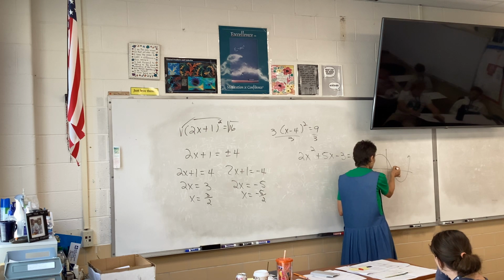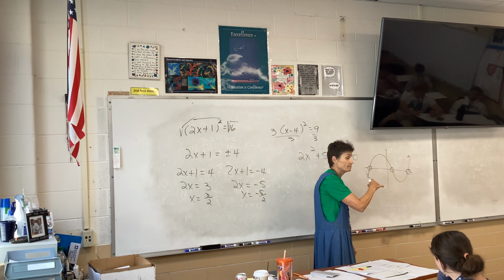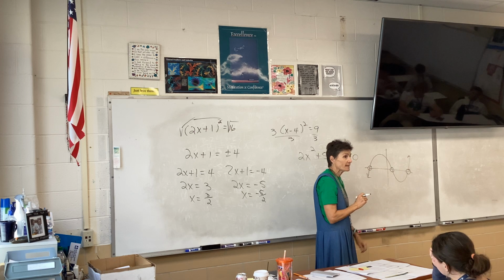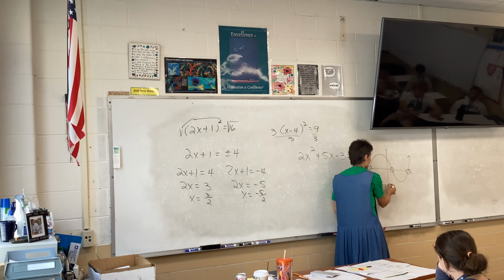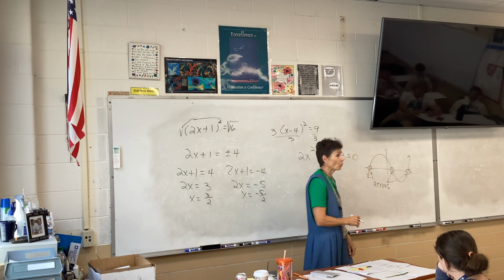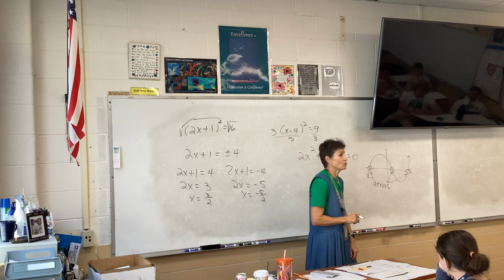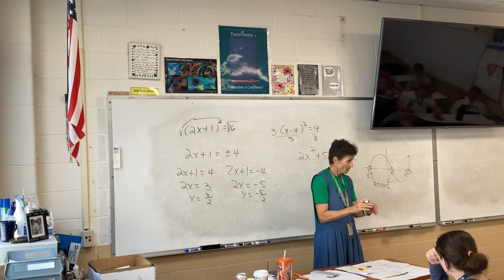Where it crosses the x-axis, those are the solutions, okay? The real math word for that is these are the zeros. Where it crosses the x-axis, those are called the zeros of the equation. Zeros mean solutions, answers. Okay?